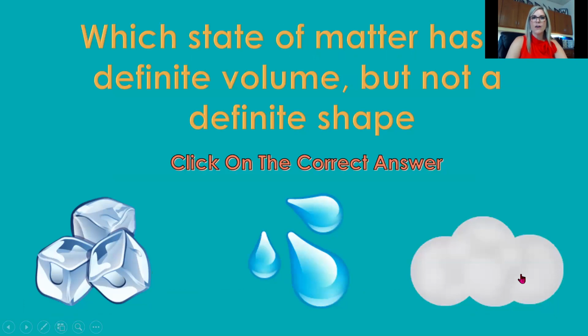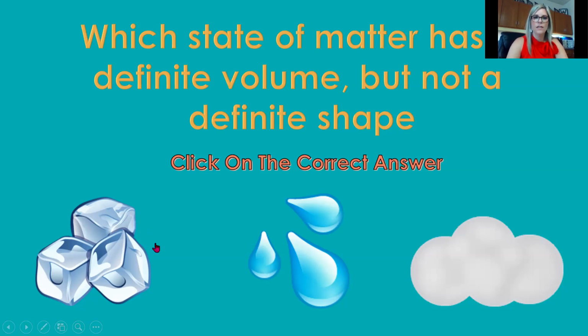Which state of matter has a definite volume, but not a definite shape, okay? That means it has a definite size, of how much mass it has, but it does not have a definite shape.